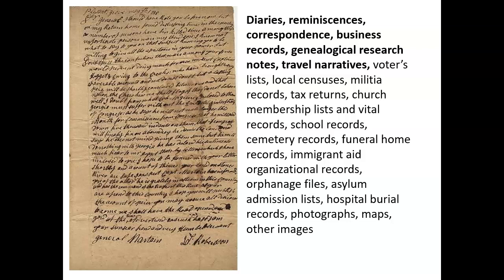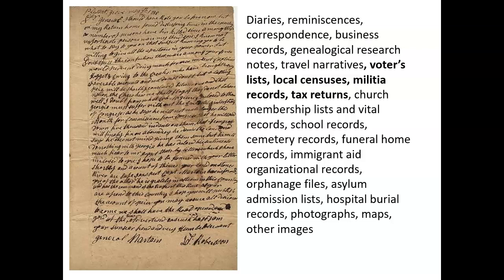Wouldn't you love to discover original manuscript items like these, pertaining to an ancestor's life, hidden away in an archive somewhere? Diaries, reminiscences, correspondence, business records they might have kept, genealogical research notes, or travel narratives.